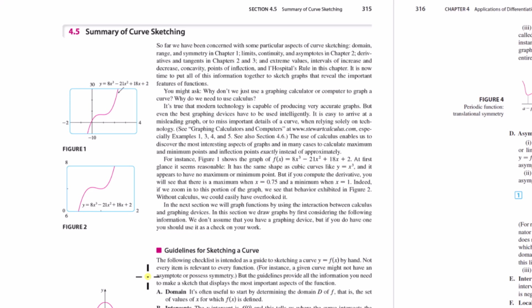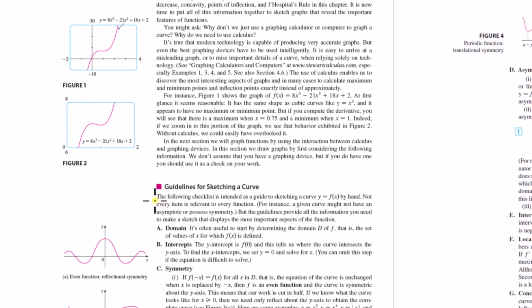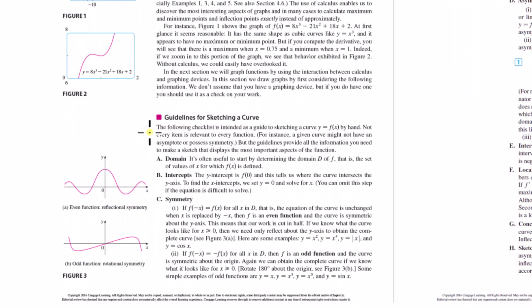All right. So guidelines for sketching a curve. The idea is, you start off with curve sketching, you have a function, or maybe just an equation that's not a function. Well, okay, they're just talking about functions, but I mentioned this in the previous video. With curve sketching, we're only going to analyze functions.